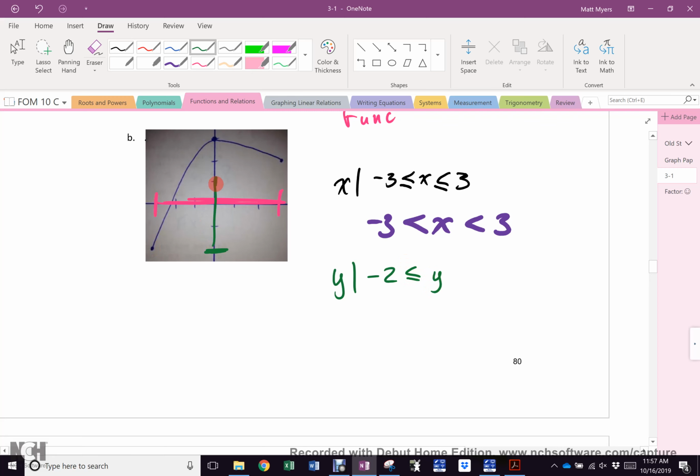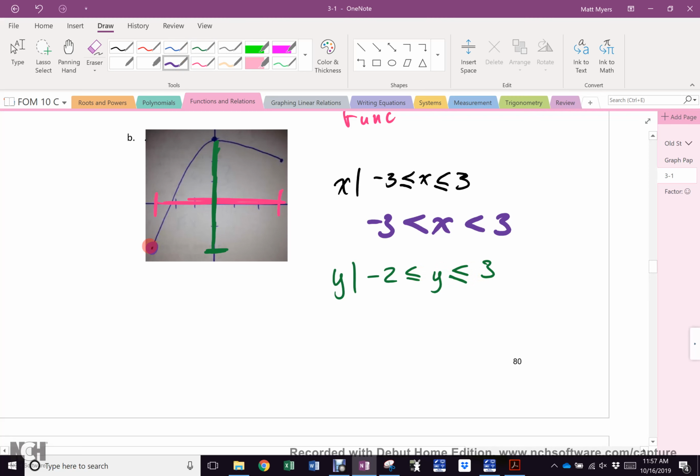And it goes up to what? 3. Is that dot colored in? So what sign do I put here? Less than, because it points left. Do I need the equals? Yes. Everybody cool?